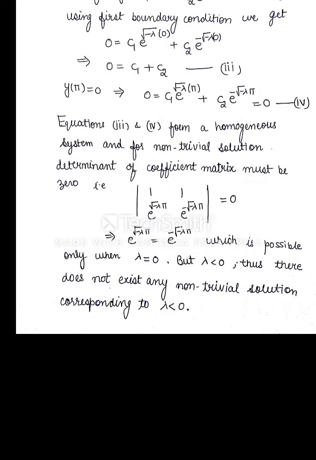It means that in this case there is no non-trivial solution. That means corresponding to lambda less than 0, there does not exist any non-trivial solution, because if it exists then lambda must be 0, but here we are taking lambda less than 0.